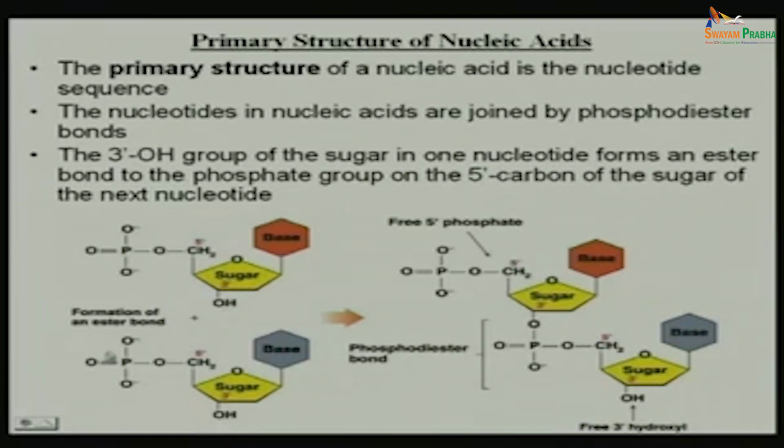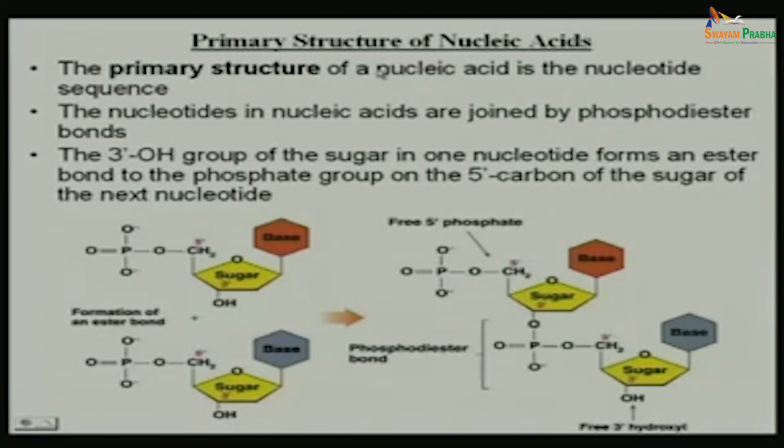When this type of linkage takes place, one nucleotide gets attached to another nucleotide, and in this way the chain is formed. This chain is called the primary structure of the nucleic acid.